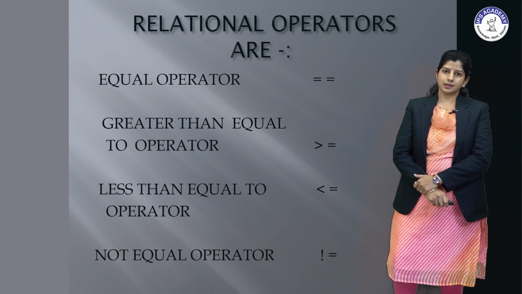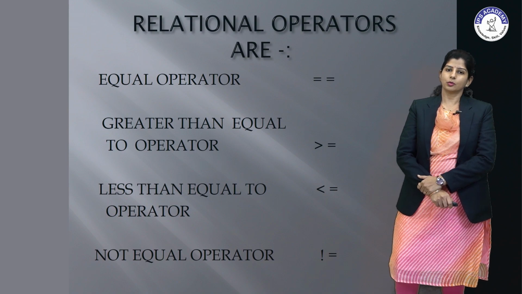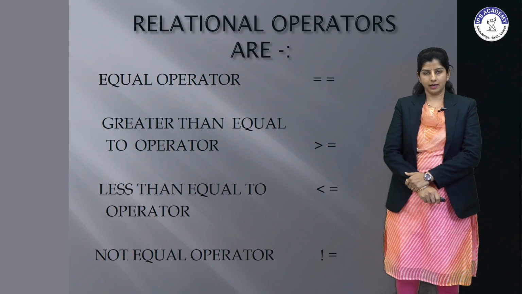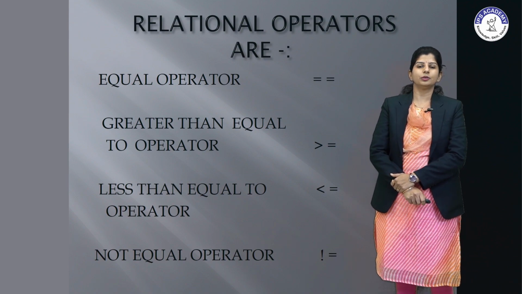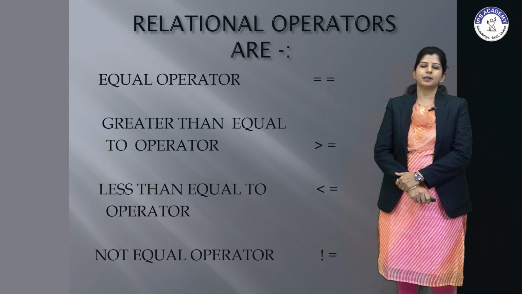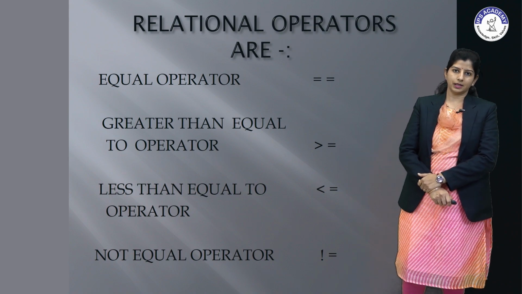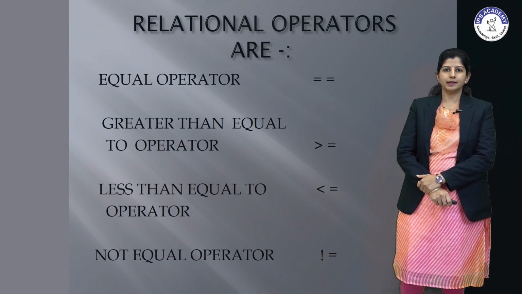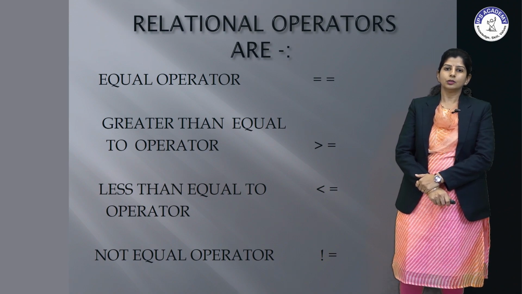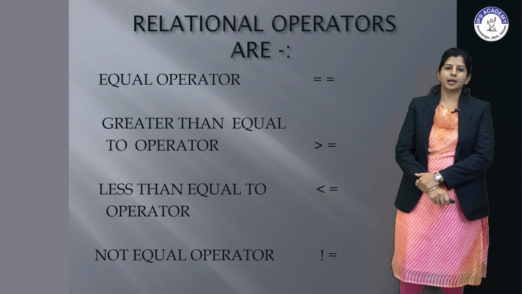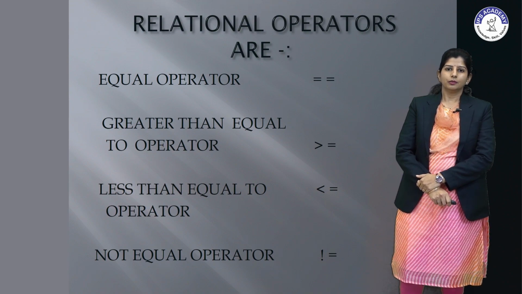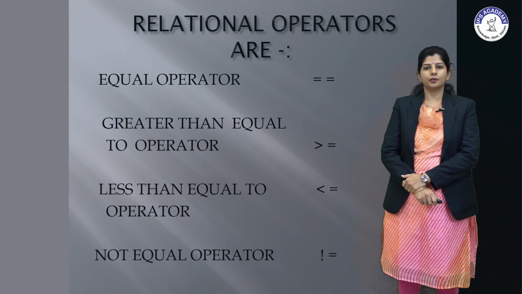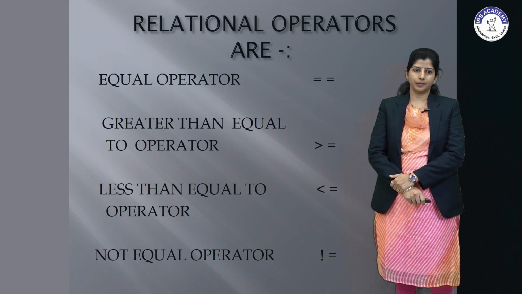Yes, we discussed in the binary program that we assign a equal to 10, that is assigning the value 10 into the variable a. But the equal operator in C is used in this form: when we apply two equal signs between the first and second operand, then it is an equal operator. There is a difference between the assignment and equal operator.